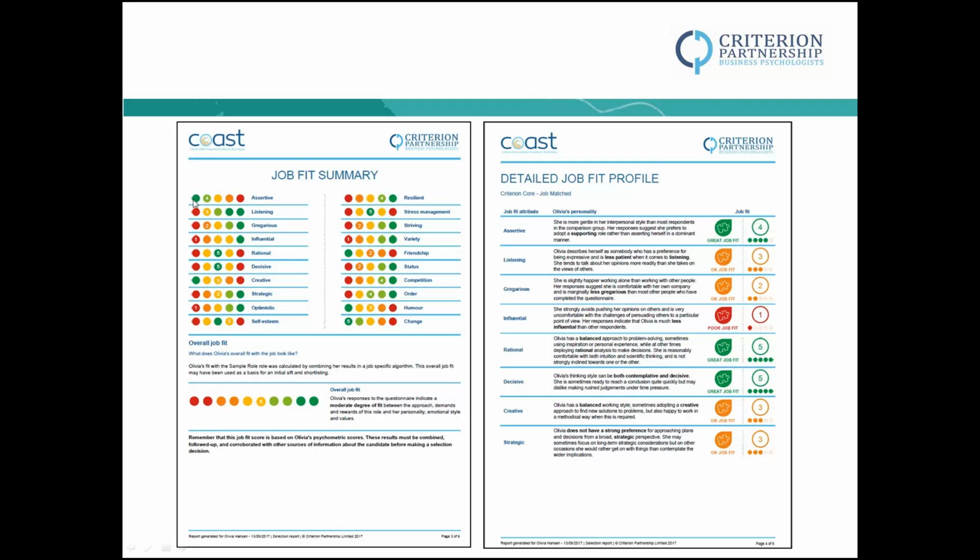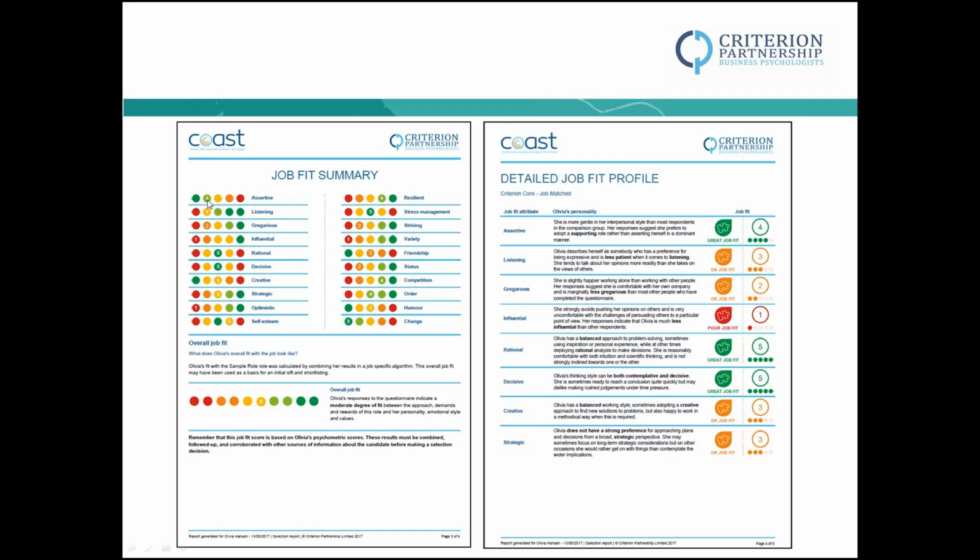And we can see that by looking at the traffic light scores. The green is at the lower end and the red is at the top end. Other scales here, listening, gregarious, influential: for these ones, the best possible fit for the role is at the higher end. That's why the green circle is at this end here.